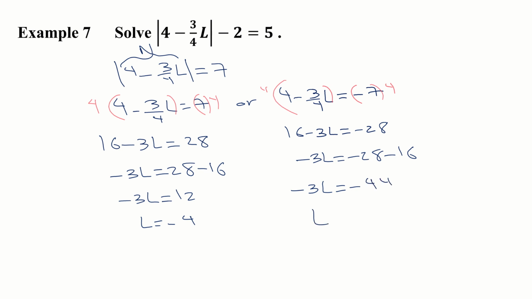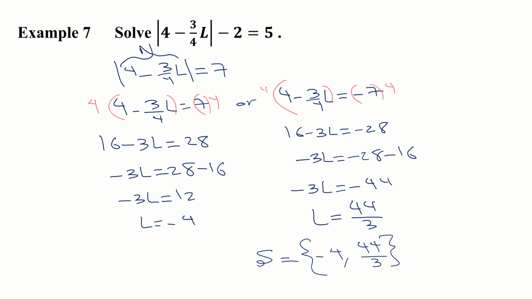Divide both sides by -3 and you get L equals 44/3. All right, time permitting, you should always check your answers at the very least on a calculator and make sure that you've obtained the right answer. So here the solution set is equal to the set containing -4 and 44/3.